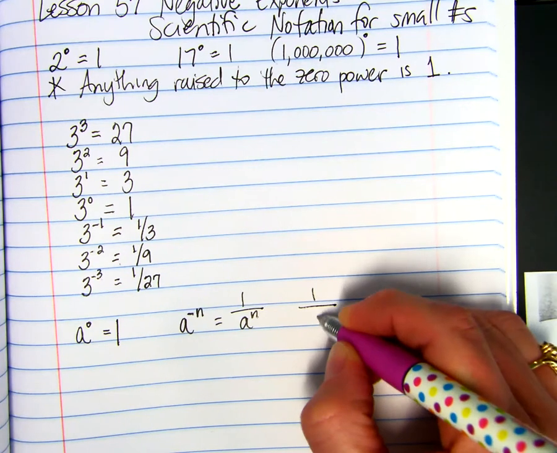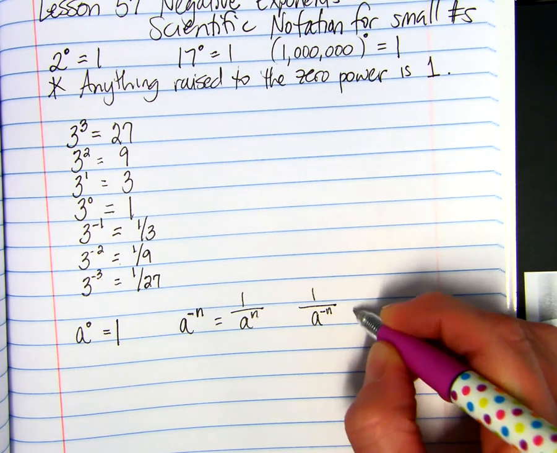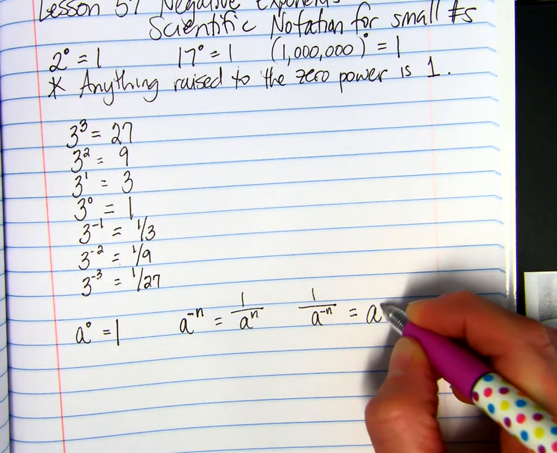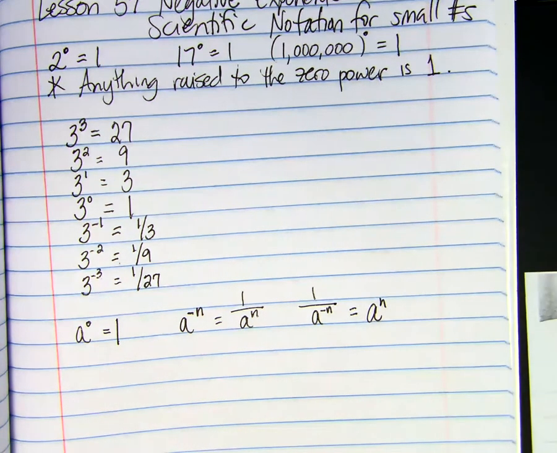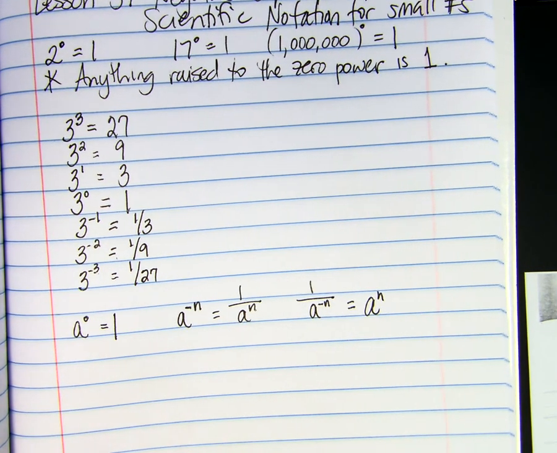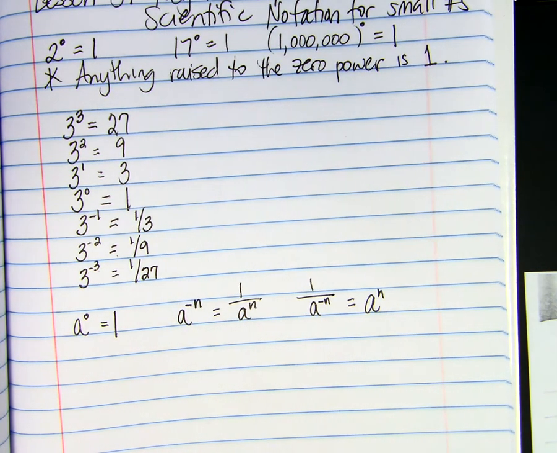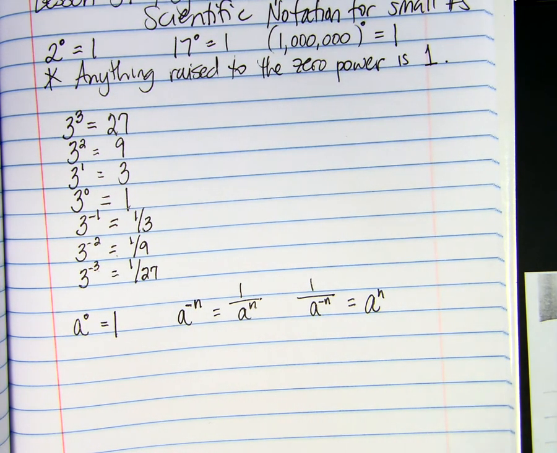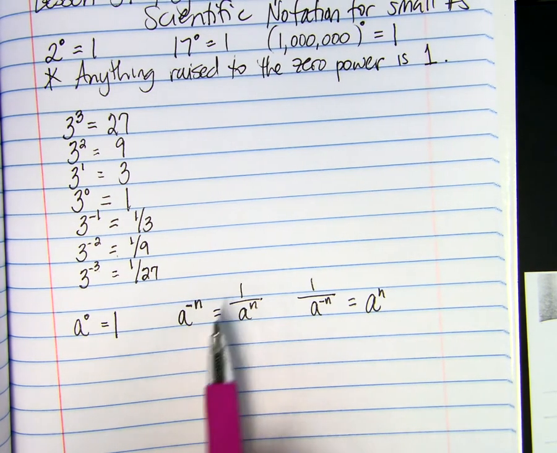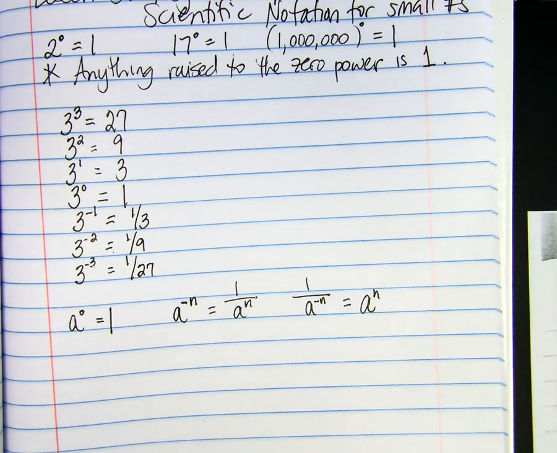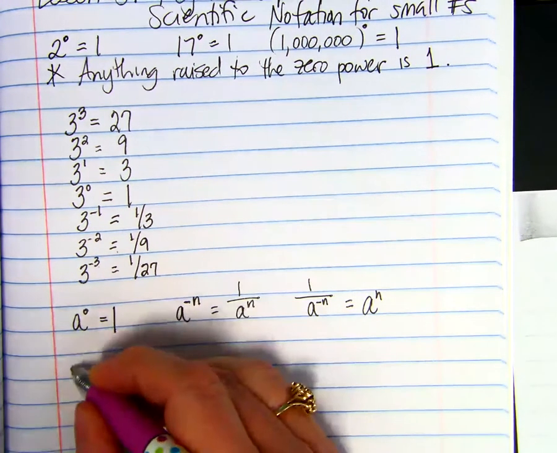If you have 1 over a to the negative n, it just equals a to the n. So if you see a negative exponent, you think of a fraction and move it to the other spot and make it a positive exponent. We're going to do some examples here.